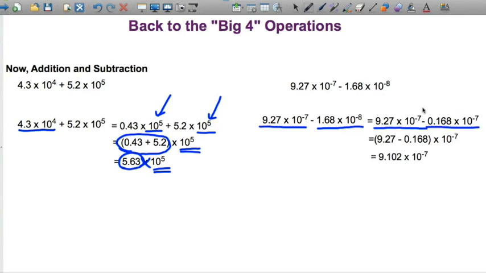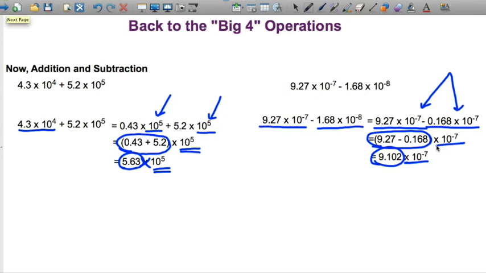Now that they're both in the same power of 10, I can go ahead and subtract 9.27 minus 0.168, and then I get my answer of 9.102, and my power of 10 remains the same.